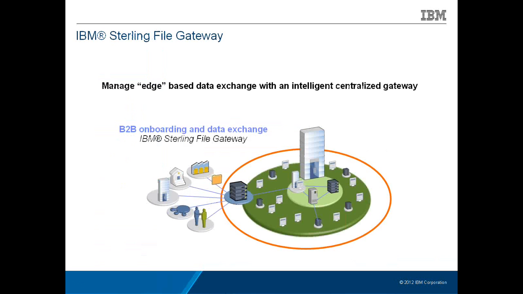So what is File Gateway? File Gateway is a completely centralized gateway. It sits on the edge of the enterprise and has perimeter security as well along with File Gateway.